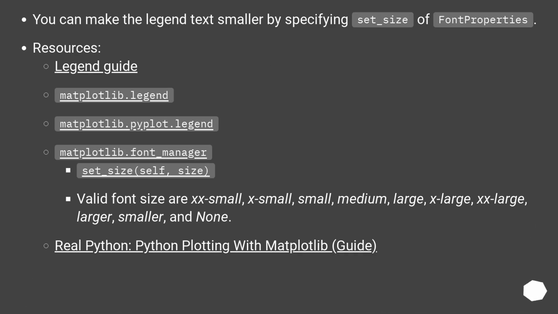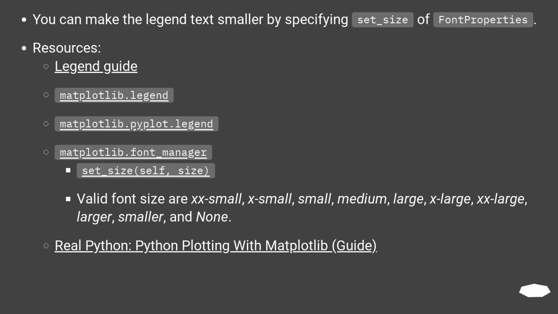You can make the legend text smaller by specifying set_size of font properties. Resources: Legend guide, matplotlib.legend, matplotlib.pyplot.legend, matplotlib.font_manager, set_size(self, size). Valid font sizes are xx-small, x-small, small, medium, large, x-large, xx-large, larger, smaller, and None.